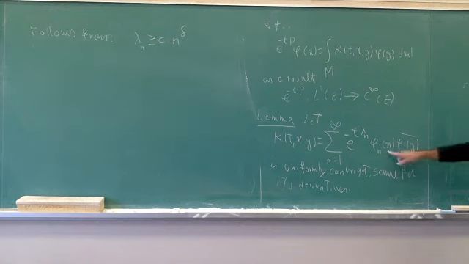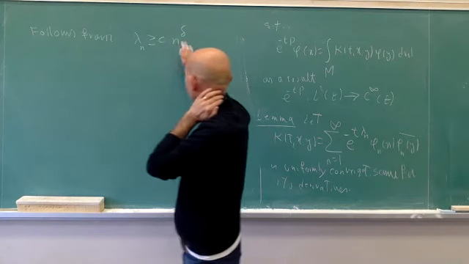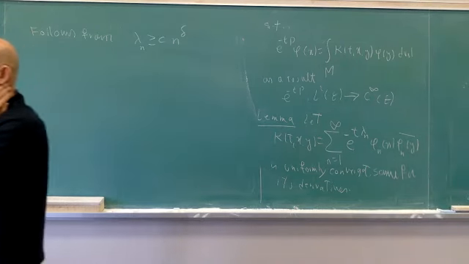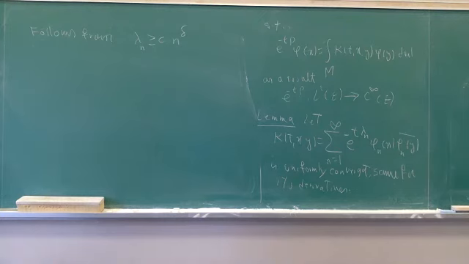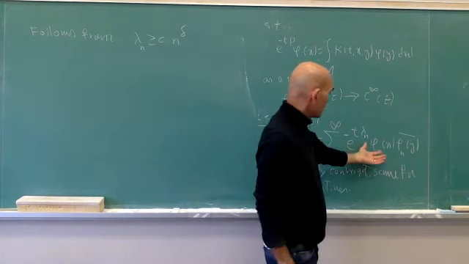Basically, the sup norms of these functions and of the derivatives are going to be controlled by this sort of system. So this is not difficult. Okay, so now it's the method of separation of variables.